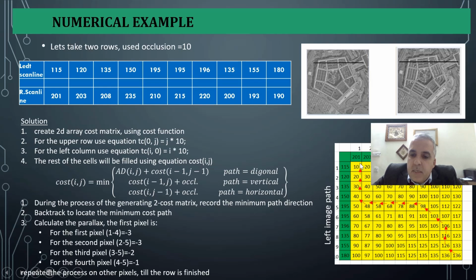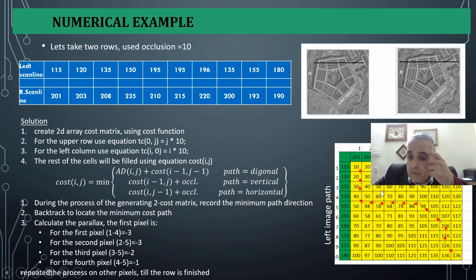Therefore, the minimum of these three is 30, and so on for the rest. During this operation, we record the minimum value and the direction, which of them is the minimum.